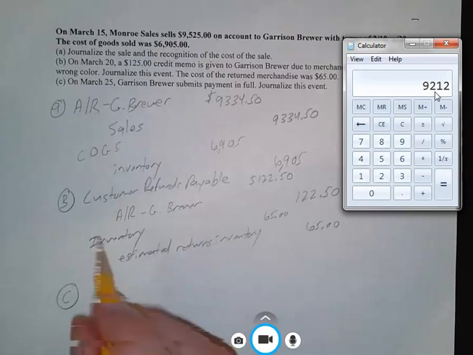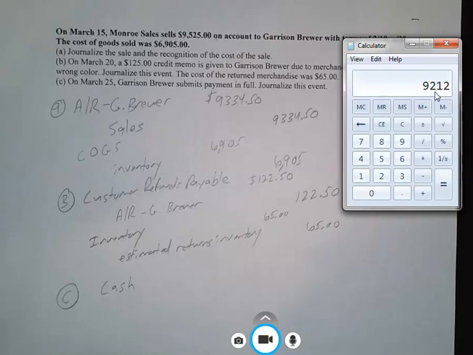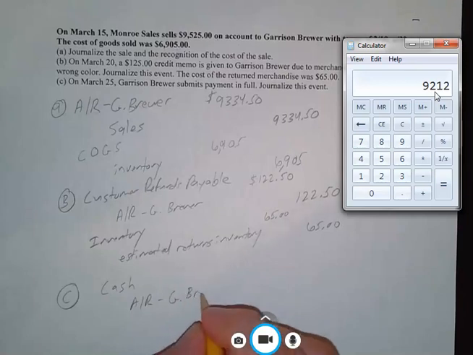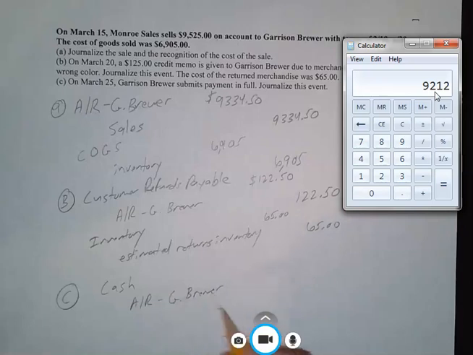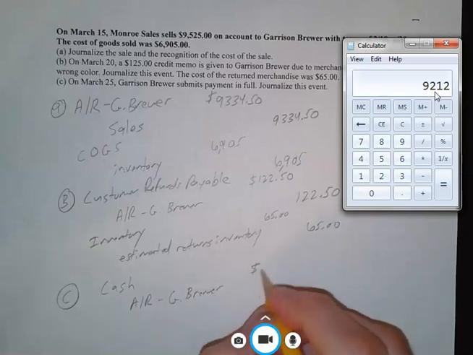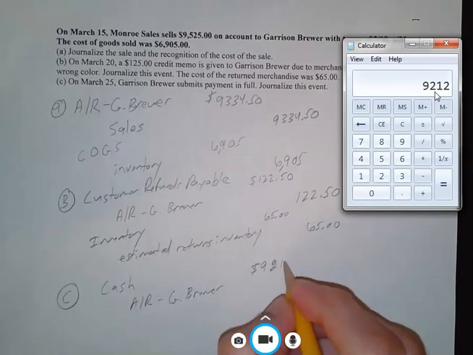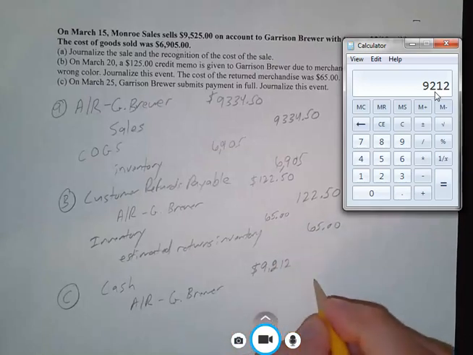So from the perspective of Monroe, they're going to debit cash and they're going to credit the remainder of the subsidiary ledger account for Garrison Brewer, $9,212. And that's it.